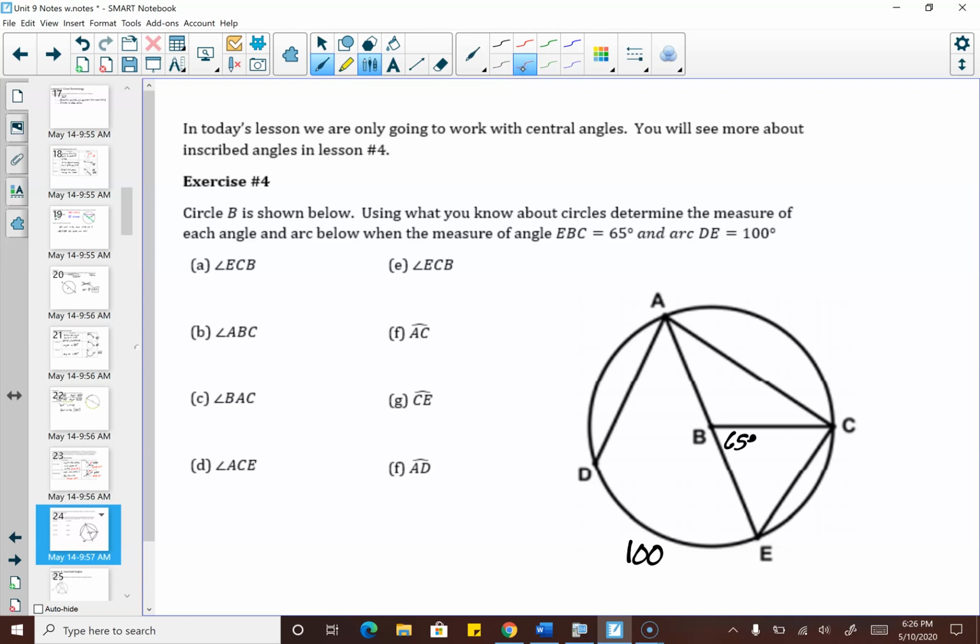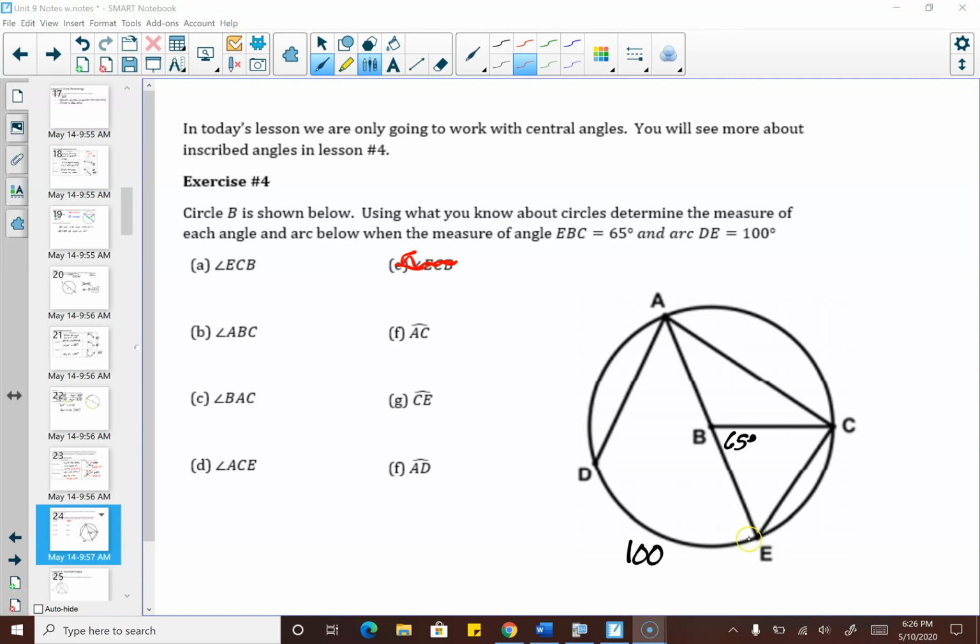There are a lot of ways you can go with this, so pause the video for a minute and try to fill out as many of these as possible. It lists angle ECB twice, so you can just cross out one of those.